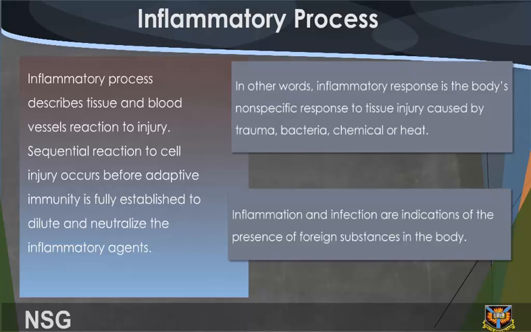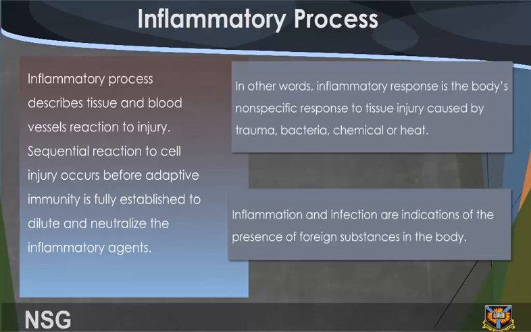Inflammatory process. Inflammatory process describes tissue and blood vessels reaction to injury. Sequential reaction to cell injury occurs before adaptive immunity is fully established to dilute and neutralize the inflammatory agents.